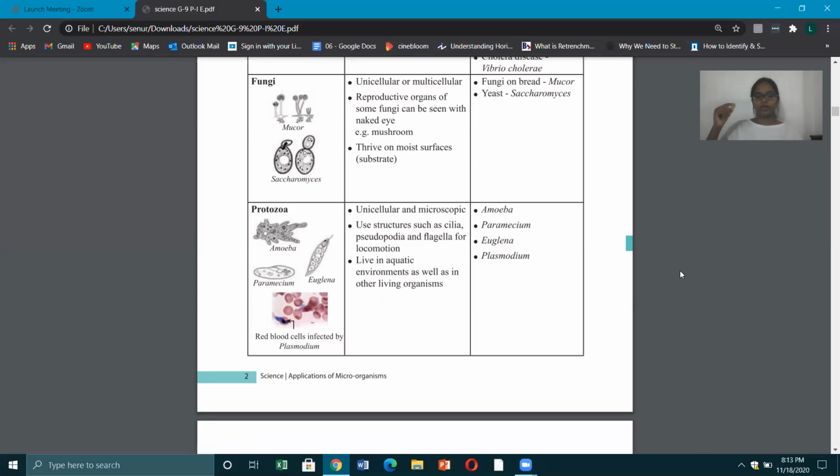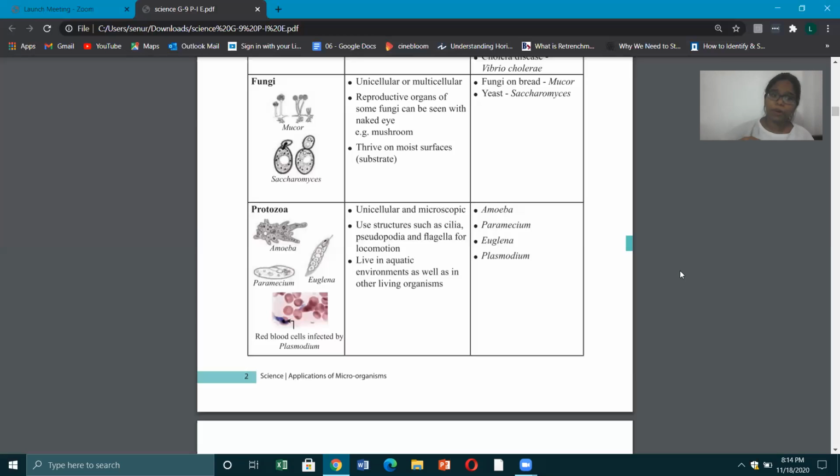The way they locomote is, just imagine this is the specific protozoa. Just imagine this: my hands are the cilia. It has a lot of cilia. That's how they move from one place to another.